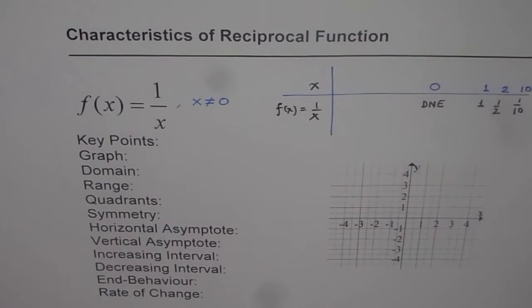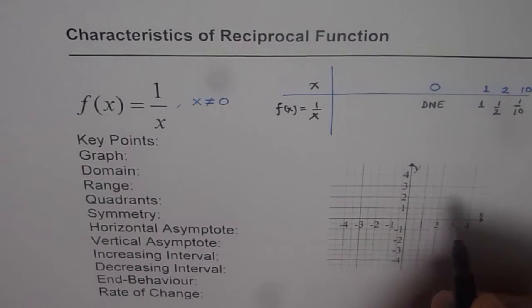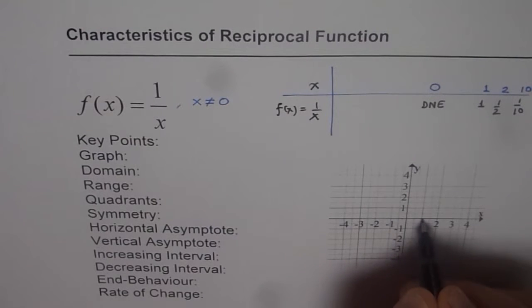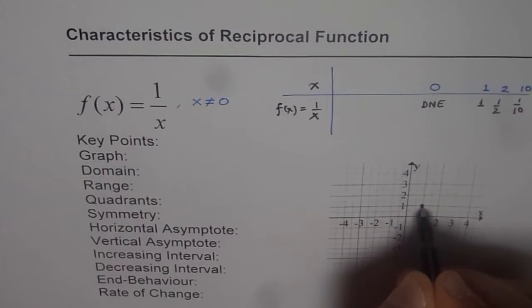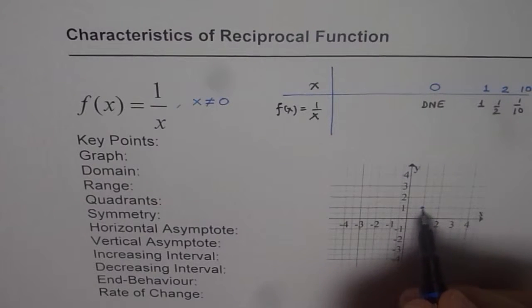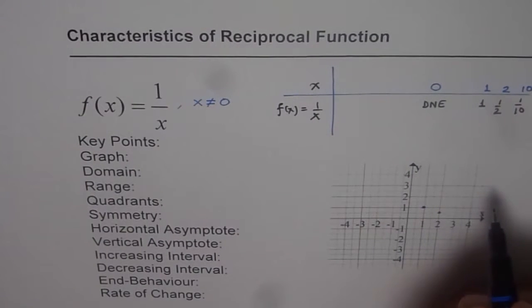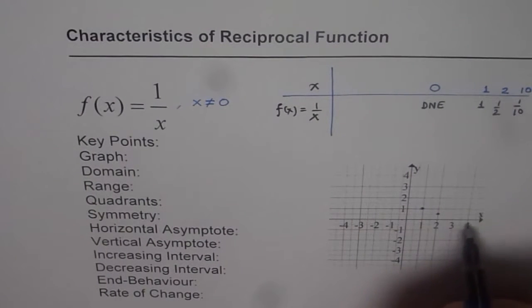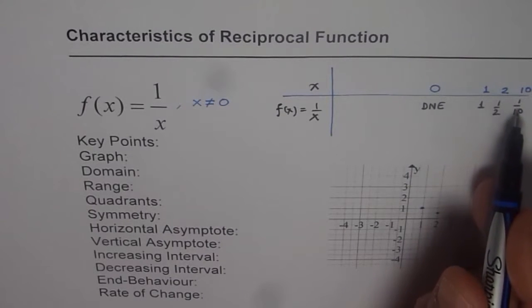That means 0.1. So what we note here is that if x is 1, then f of x is 1. But if x is 2, then f of x is half. If x is a bit larger, for example 10, it is 1 over 10.